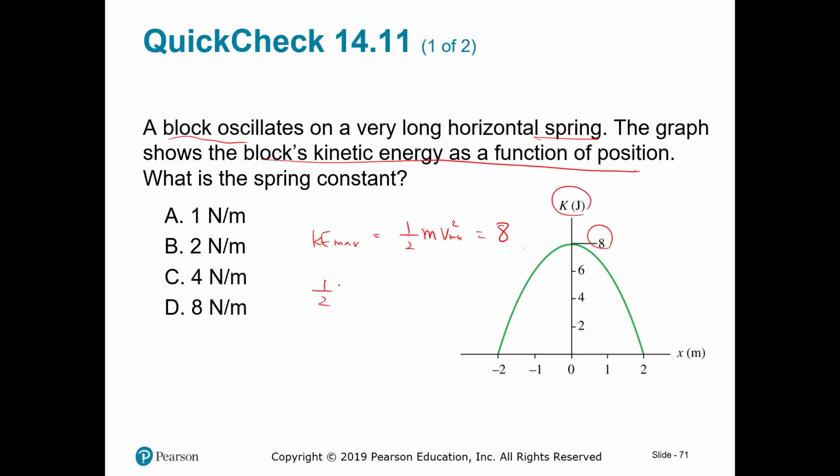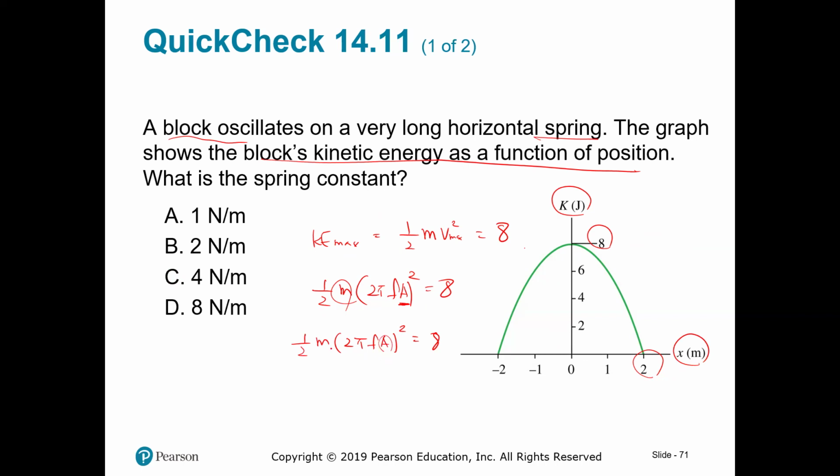So then again, v max is what? 2 pi f A, squared, is 8. Then the m is not shown here, right? But now we know what the maximum x is here, right? So x is 2, so A is 2, right? So then you can say 1/2 times m times (2 pi f A) squared is 8. So then A is 2.